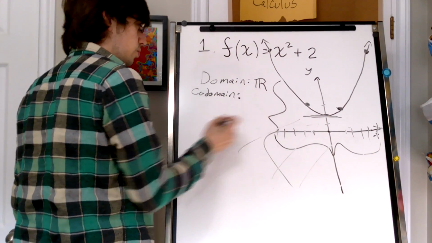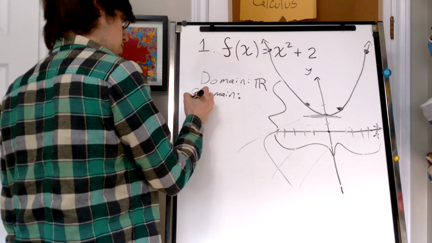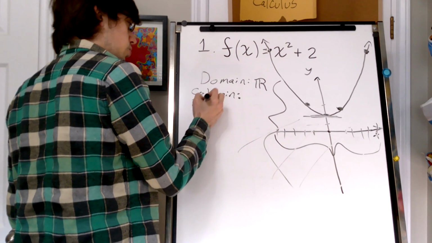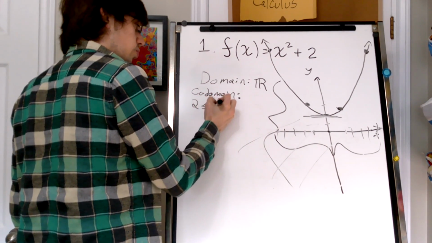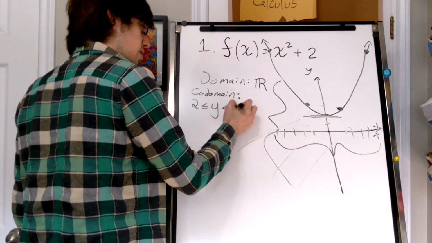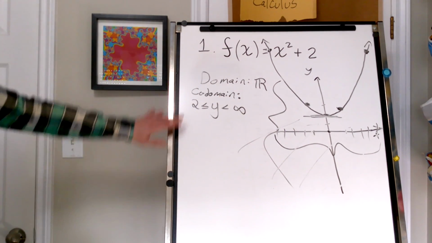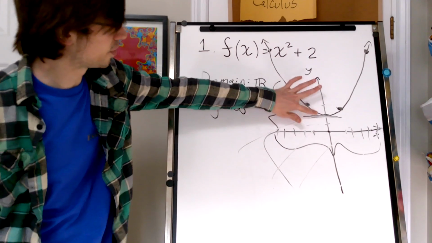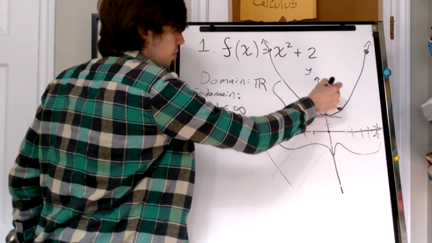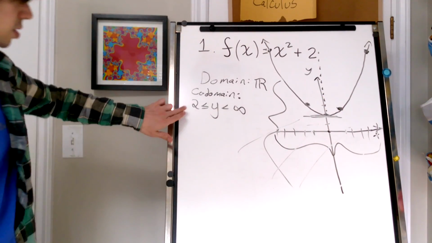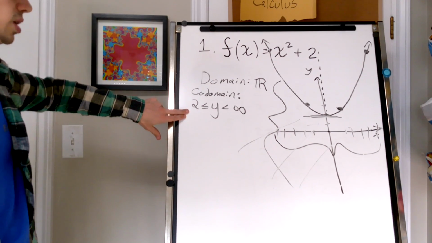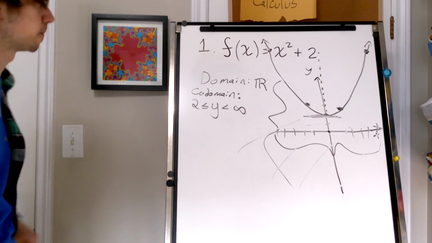So the codomain, we can say, is 2 less than or equal to y, which is less than infinity. So y, all of the stuff that exists that will have a y component, is between 2 and infinity.